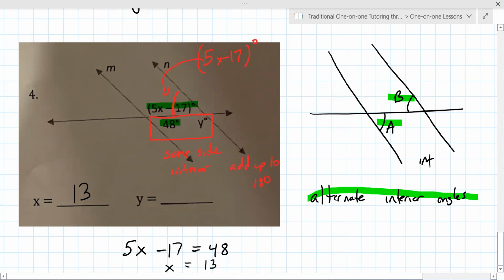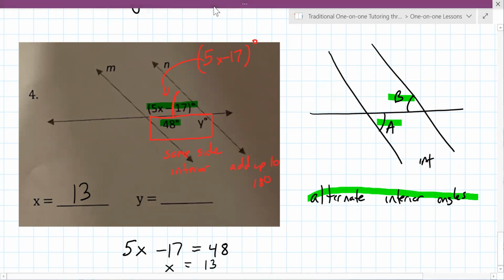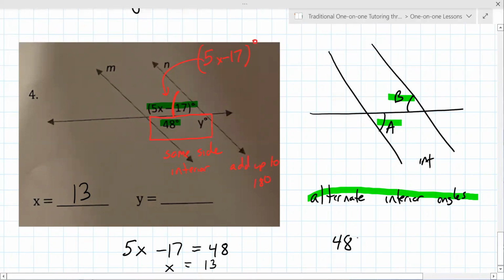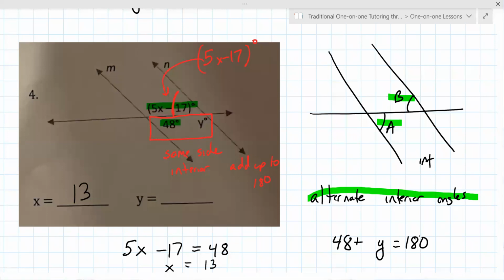So the result of that is yet another equation, 48 plus y equals 180. Now I have to solve that. You have to solve that equation for y.